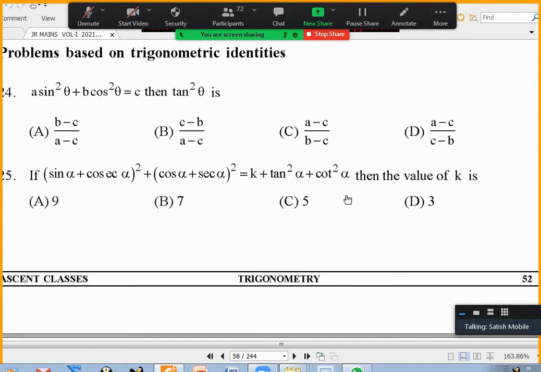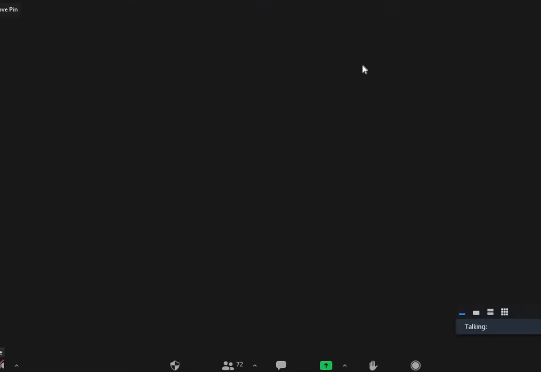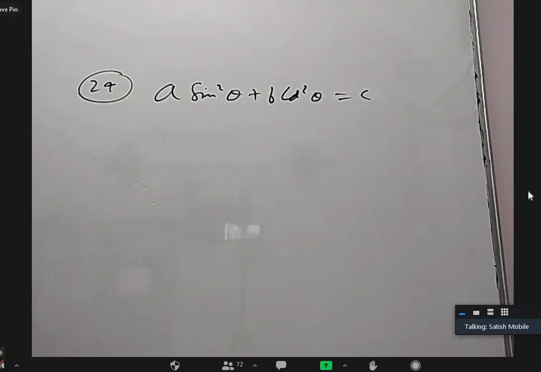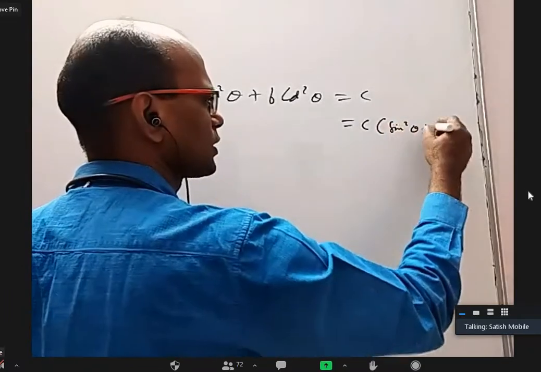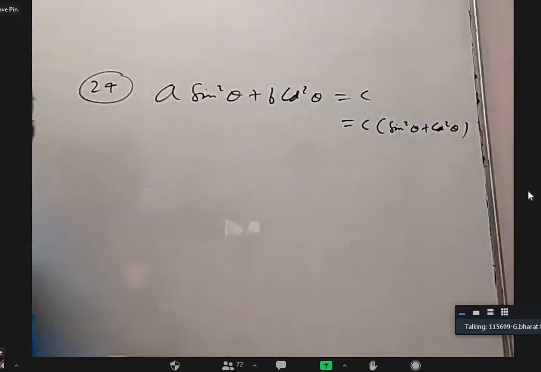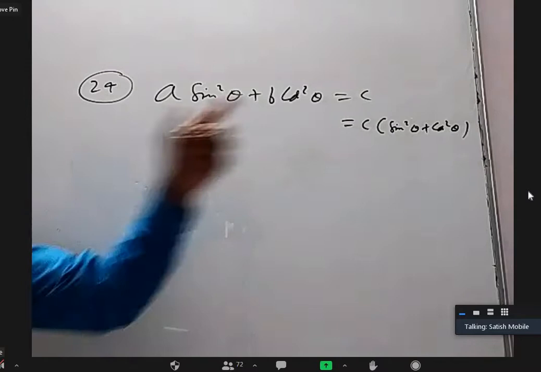Coming to this 24th question. A sin square theta plus b cos square theta equal to c, and from that they were asking tan square theta. There are 2 ways to do this. One way is, in the place of c, can I write c into sin square theta plus cos square theta? Yes, sir, we can write, because that is 1.